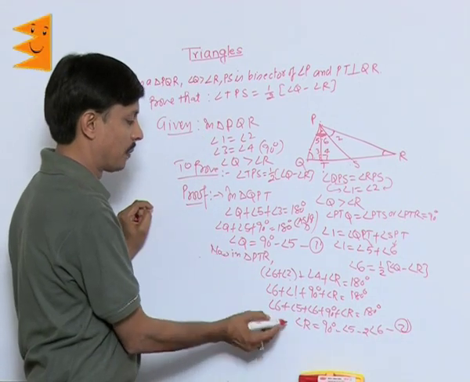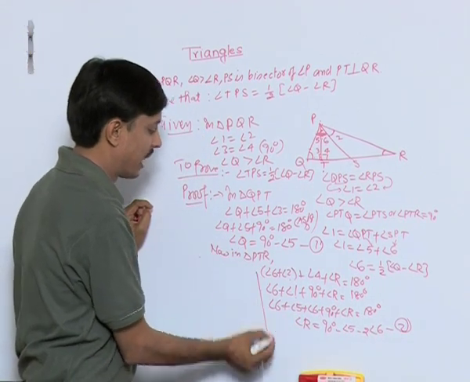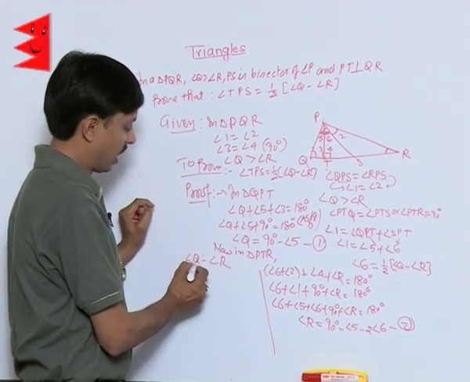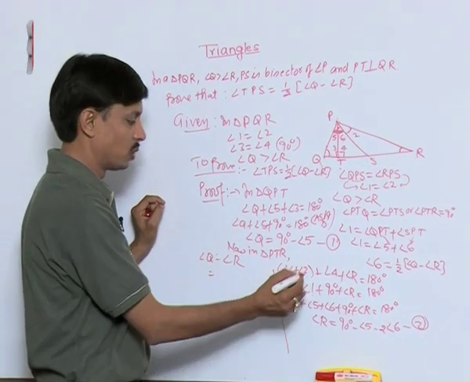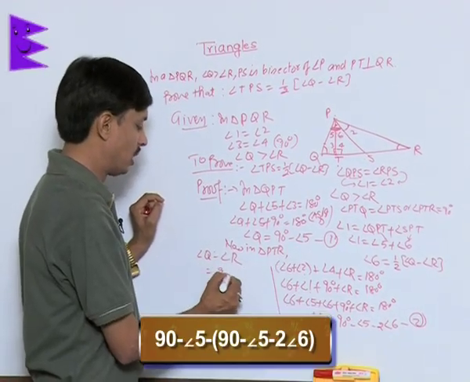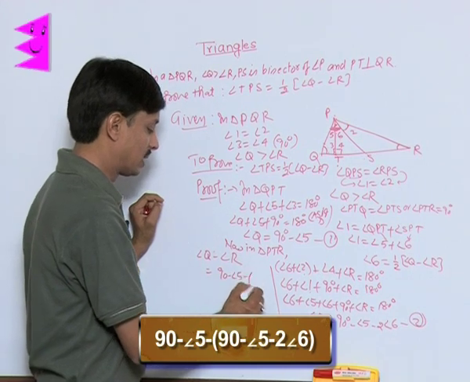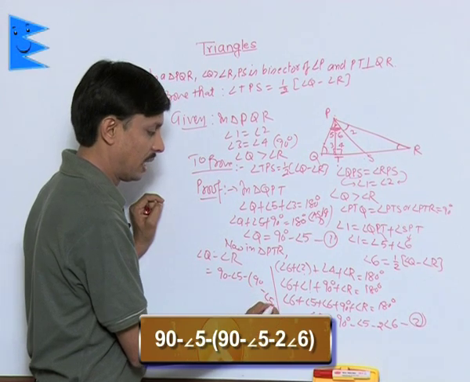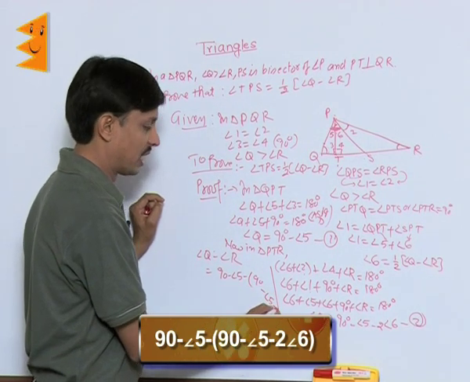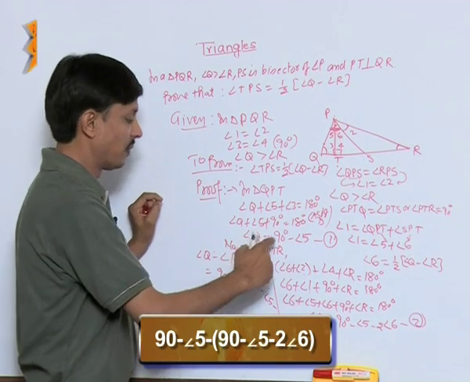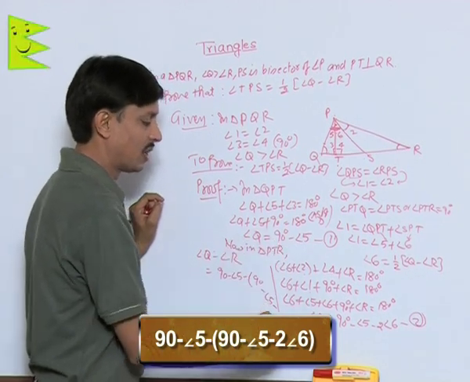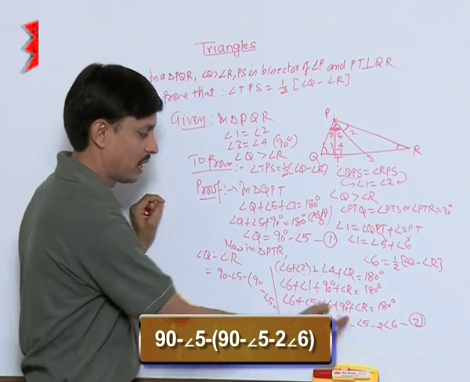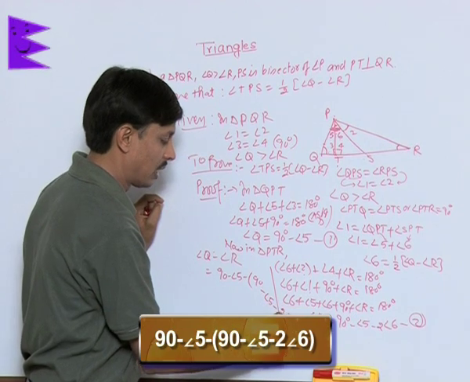If I subtract these two equations, I can write angle Q minus angle R is equal to, in place of Q, 90 minus angle 5, minus, in place of angle R, 90 minus angle 5 minus twice angle 6.